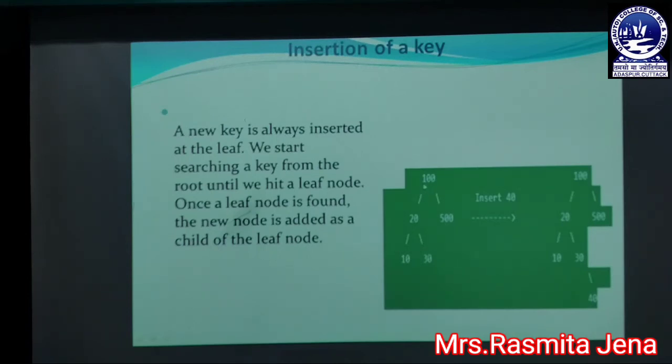In this binary search tree, 100 is the root node. The elements in the left subtree are less than 100, and the elements greater than the root key 100 are in the right subtree. We want to insert the element 40. When inserting an element, first we compare it with the root element. If the value is greater than the root element, the insertion goes to the right subtree, and if it is less than the root node, the insertion goes to the left subtree.